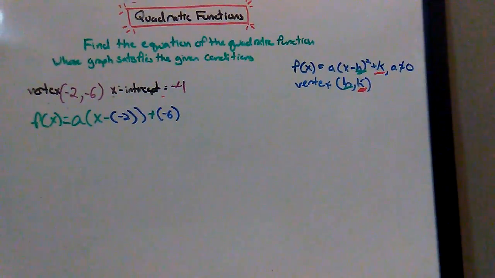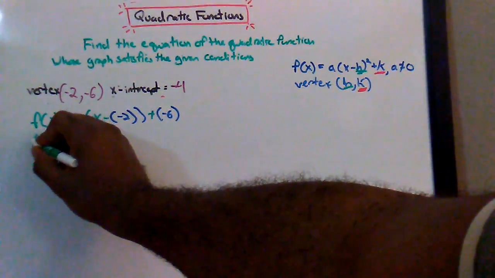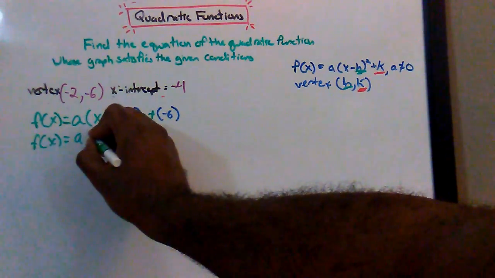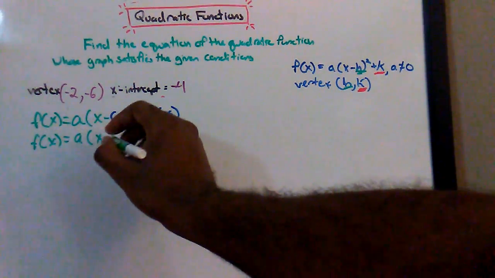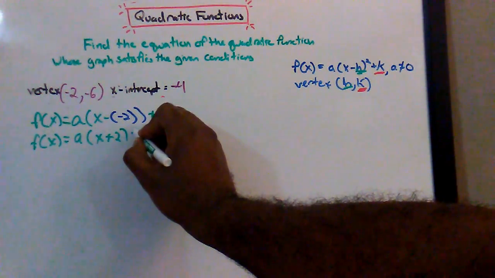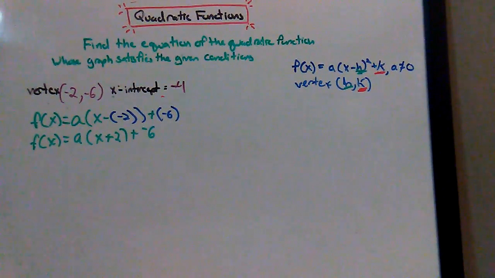And let's combine like terms. So f of x is equal to a, add a line, change of sign, so (x plus 2) plus a -6. Okay.